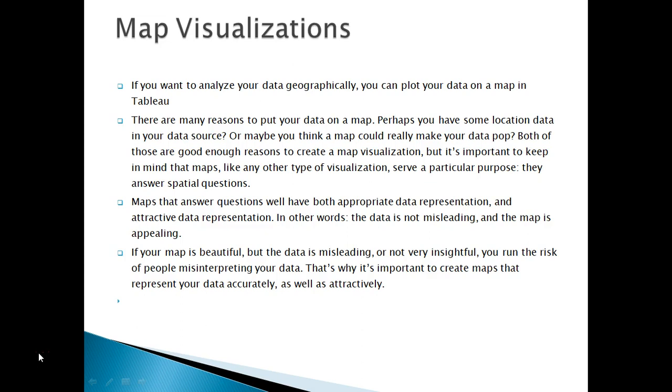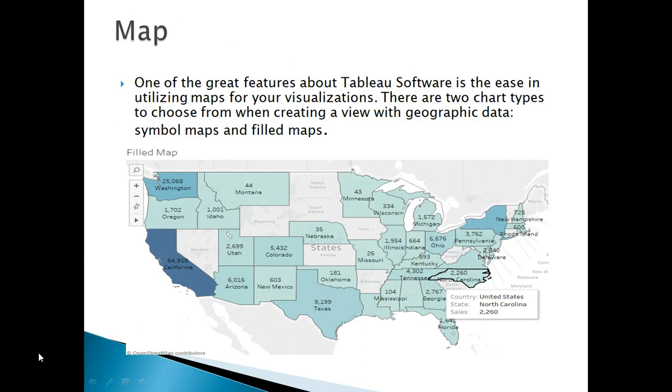The main thing is how you bring your geographical data from your data source to a visualization. It is one of the greatest features, apart from any other BI tools. Tableau supports very user-friendly ways to create maps and integrate with external maps as well.